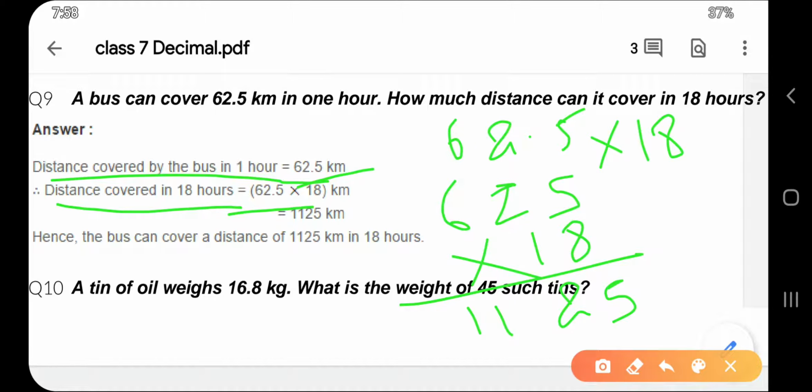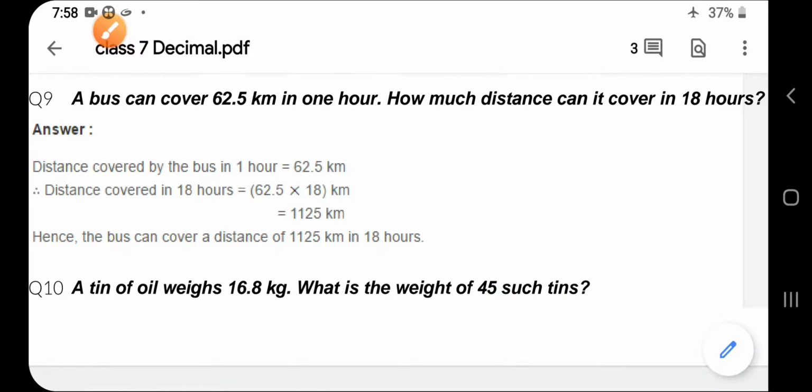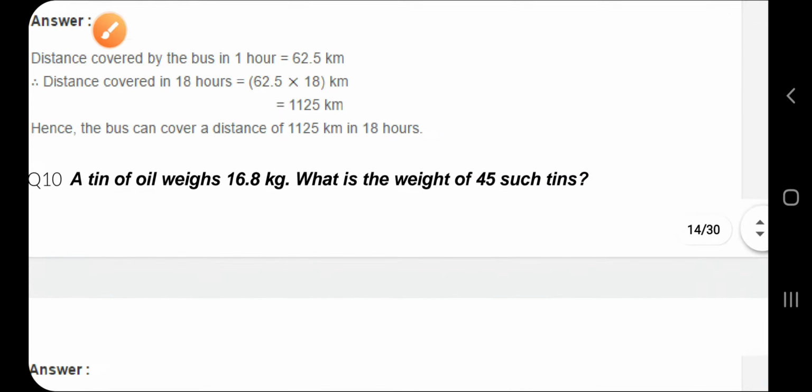Better if you learn till 25, because if you learn the tables, then you can do such kind of multiplications in just one step, like this. As it contains one digit in the decimal, the product will have one digit in the decimal. That's it. This is in kilometer. Okay, so it is solved here.